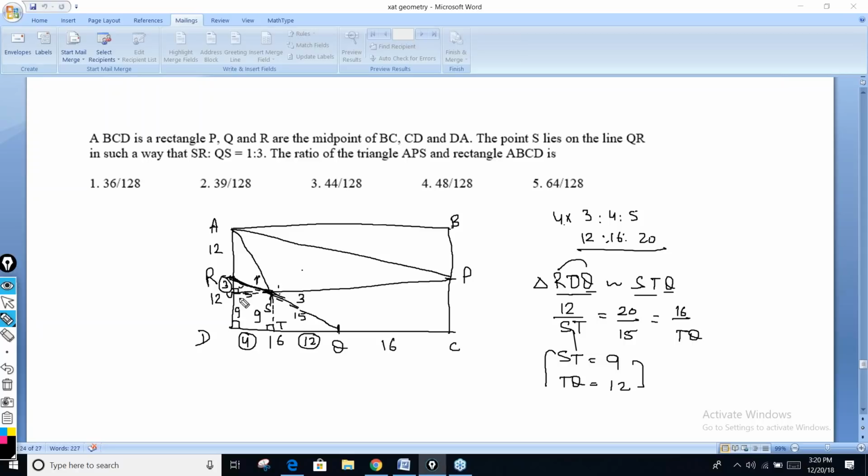Now we have the area of this part. This we know, that is 9, that is 4, and this is 3. This we know, that is the base, and that is the height. Height is 4. And that area we also know. So if you see the area of this part, can I say ABPU?